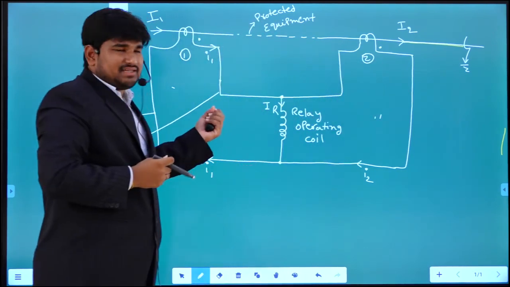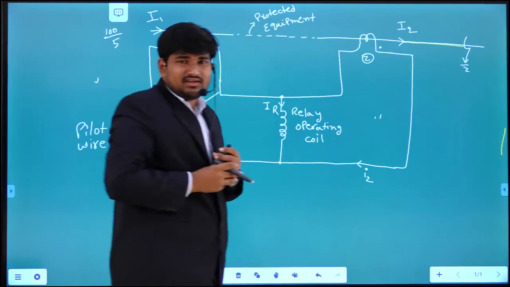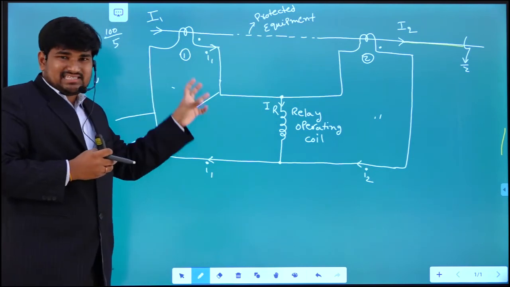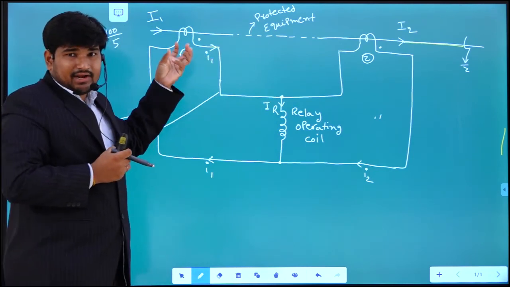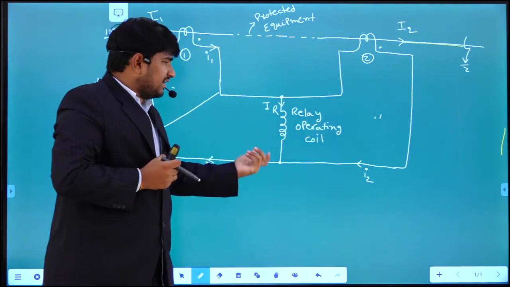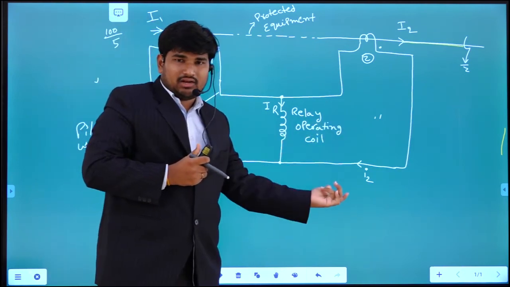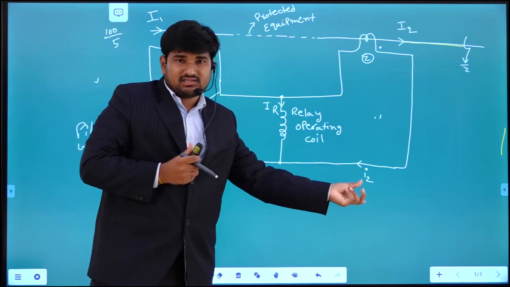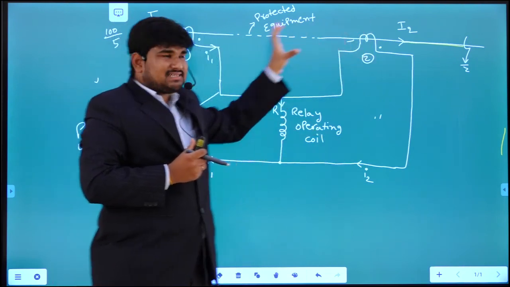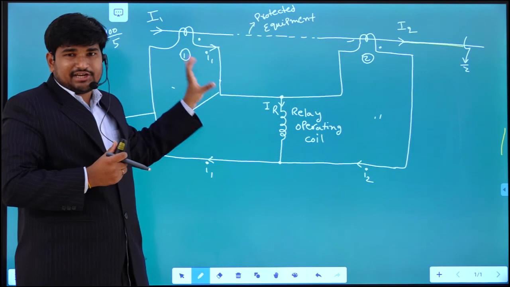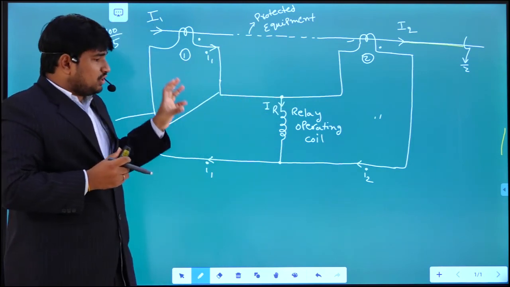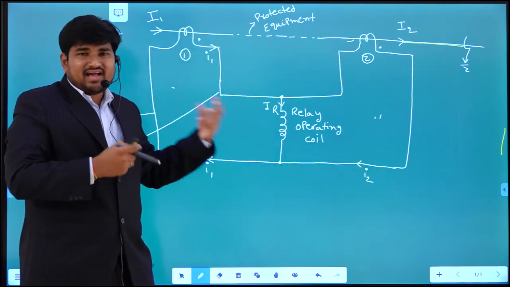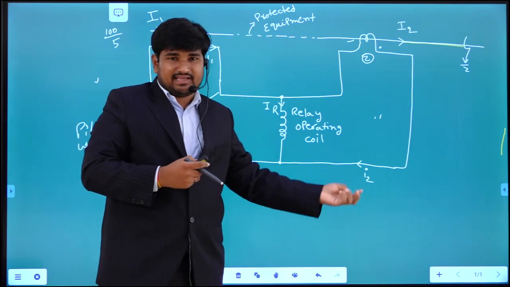In this case, even though the current is increasing, the CT current does not increase proportionately. So it will create some circulating currents in the relay operating coil, and because of this the relay will maloperate. It is because of unbalanced CT ratios. This will be avoided by using biased differential relays. Thank you.